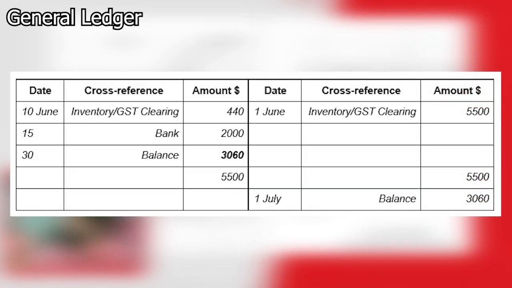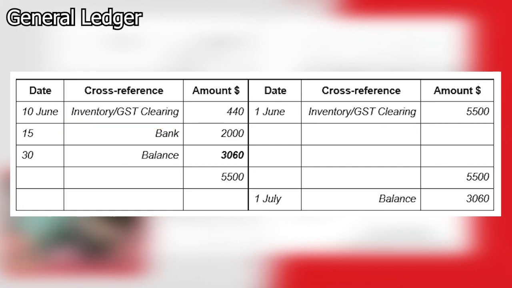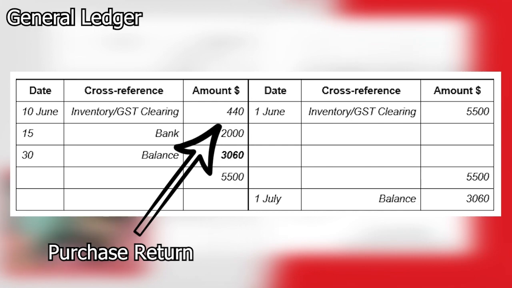You can see the first is the debit. This is the accounts payable general ledger. One thing I really want to note here is inventory / GST clearing: if it's one transaction, you need to go item 1 / item 2. Now, what about the balance? On the 10th, it's the purchase return, and it's the same transaction except reversed, and we talked about that on the 10th.